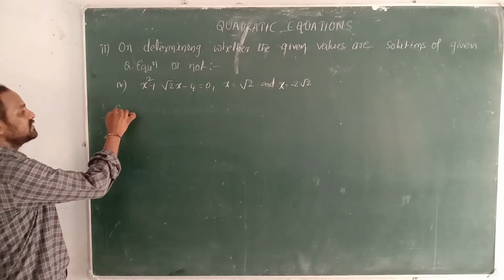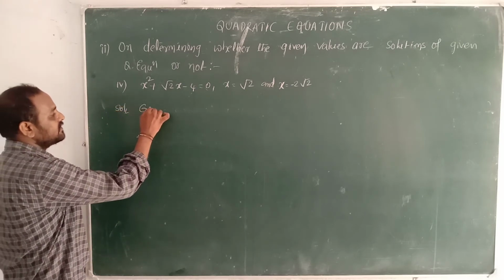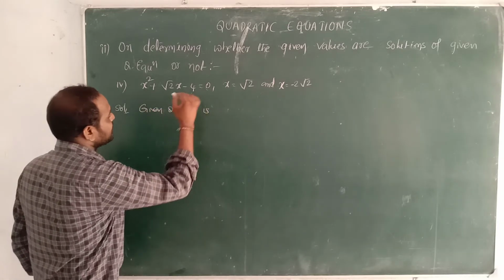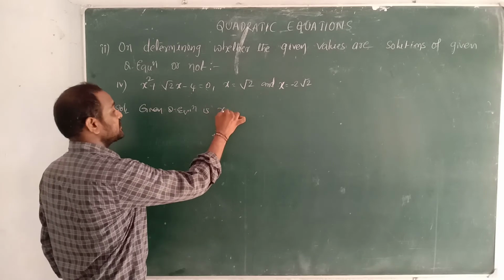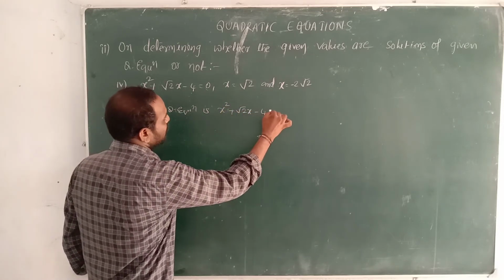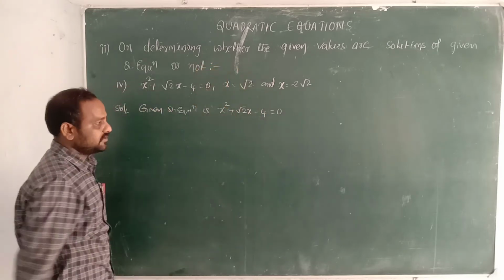Right, now solution. What is the given quadratic equation? Given quadratic equation is x square plus root 2x minus 4 is equal to 0.